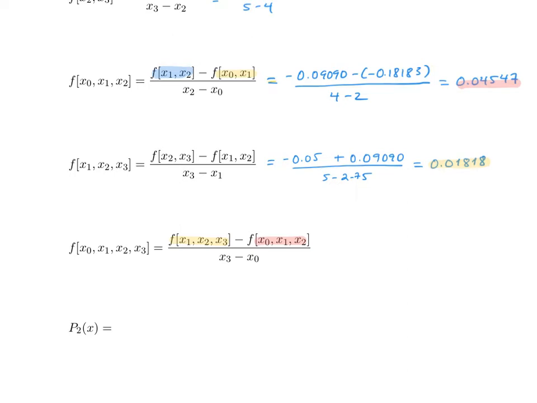So if we plug it in here, we will get 0.01818 minus 0.04547 divided by 5 minus 2, and this is minus 0.00910.